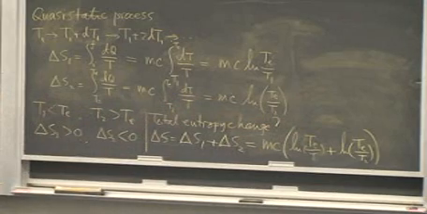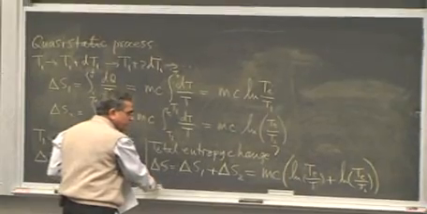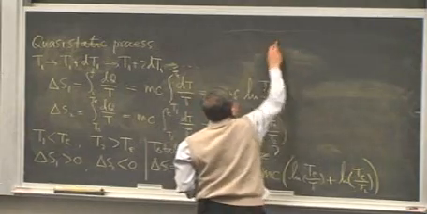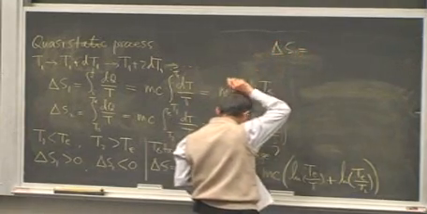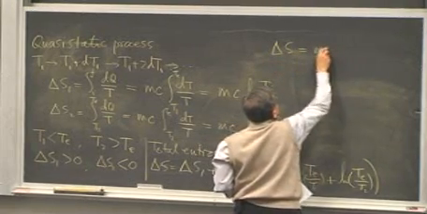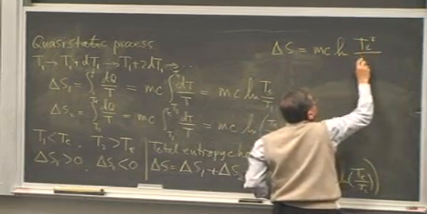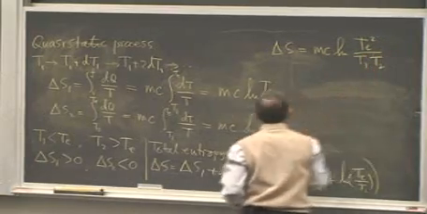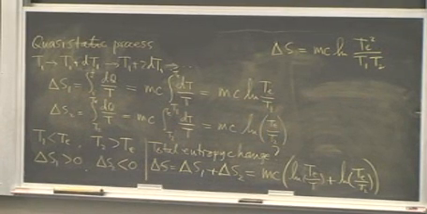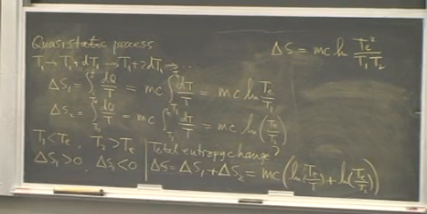No surprises here. And I can write this because the sum of two logs is the log of the product, so I can write this delta S as m times C times log of Te squared over T1 times T2. Total entropy change is equal to this.